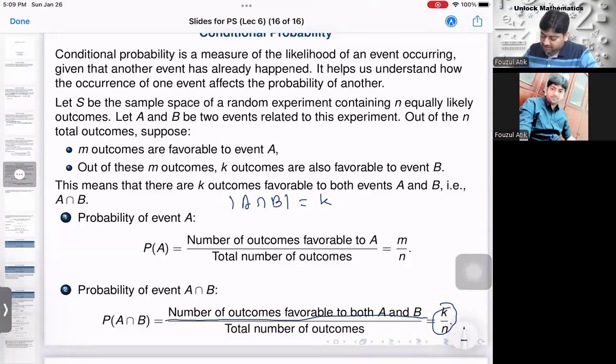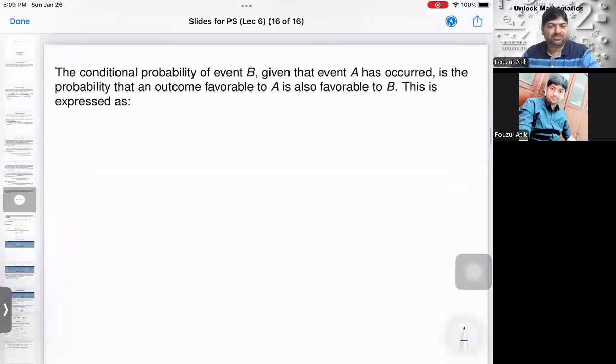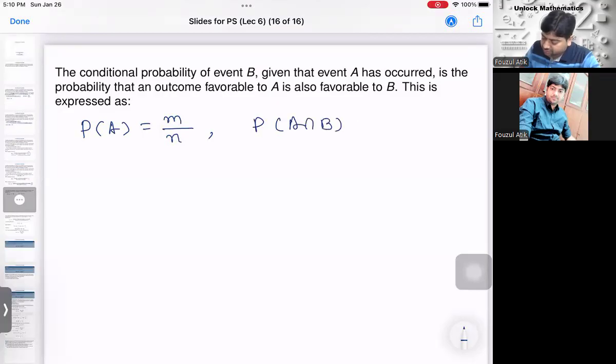Previously we discussed that P of A is equal to m divided by n and P of A intersection B is equal to k divided by n.